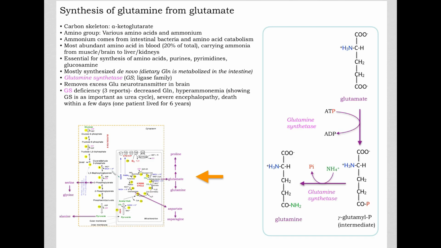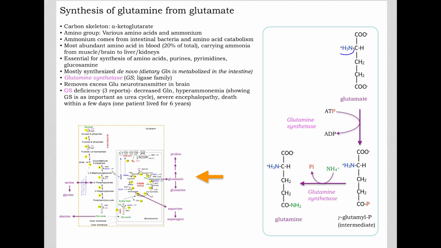The amino acid glutamine is synthesized from glutamate, and the carbon skeleton comes from alpha ketoglutarate. So glutamine also will have the carbon skeleton from alpha ketoglutarate.